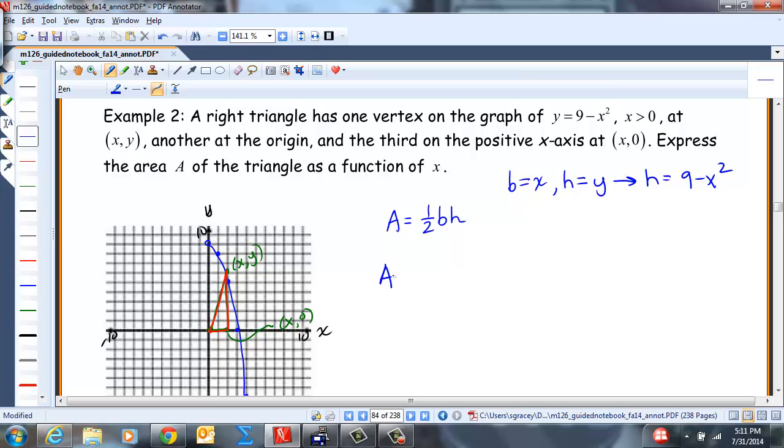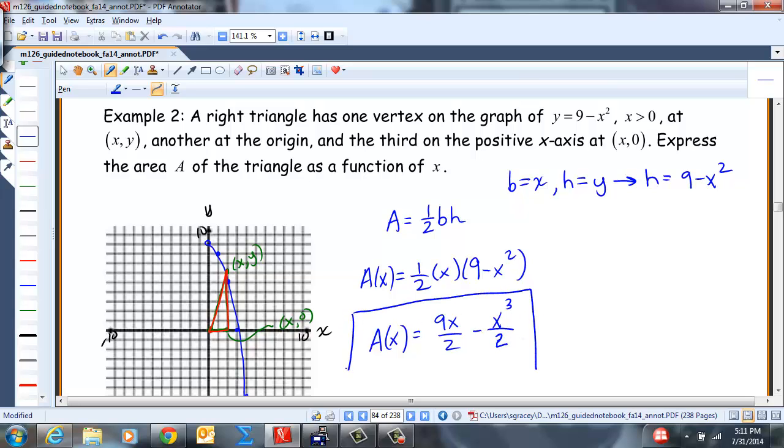So plugging that in, area is 1/2 times x times 9 minus x squared. And if you multiply, we'll have area in terms of x: 9x over 2 minus x cubed over 2. And we're done. I think that's all we were asked to do in this problem.